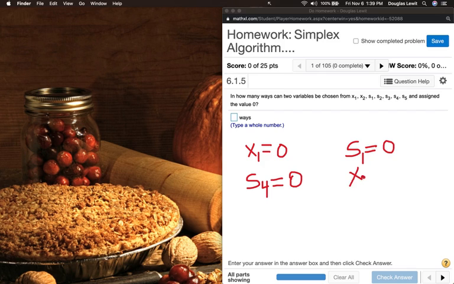That's really what the problem is asking: how many different combinations are there? This is really a combinations problem.